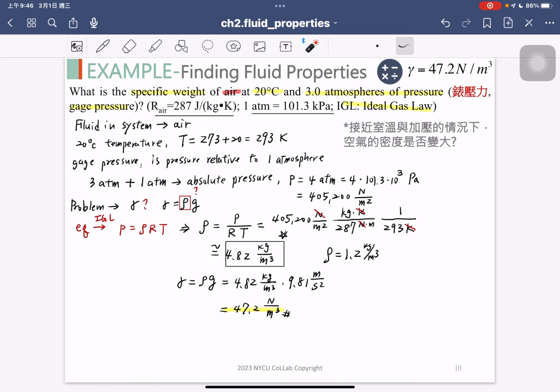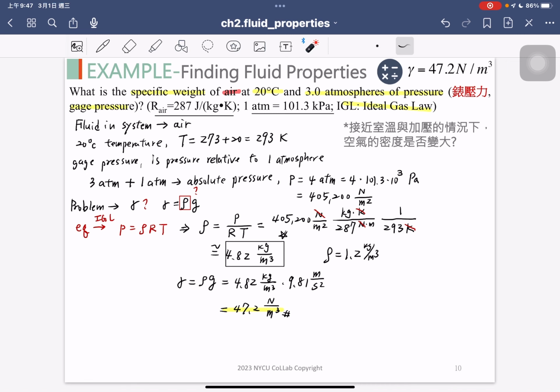The volume decreased, so the density increased. Okay, and we know that the gas can be compressed. The volume can be compressed for the gas material, especially in this exercise, the air.